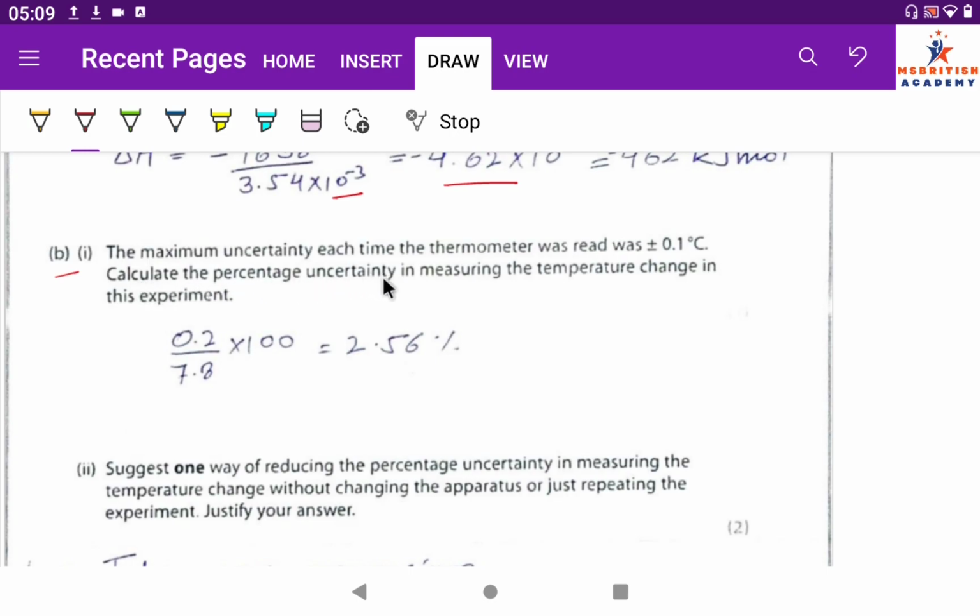Calculate the percentage uncertainty in measuring the temperature change in this experiment. So it will be maximum change 0.2, times 100 divided by 7.8. So the uncertainty will be 2.56%.